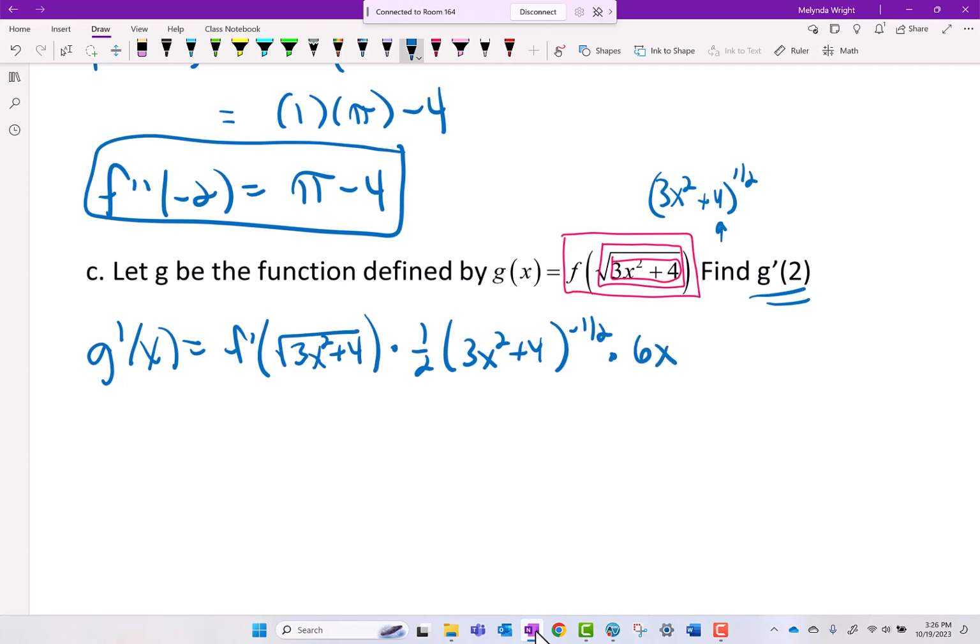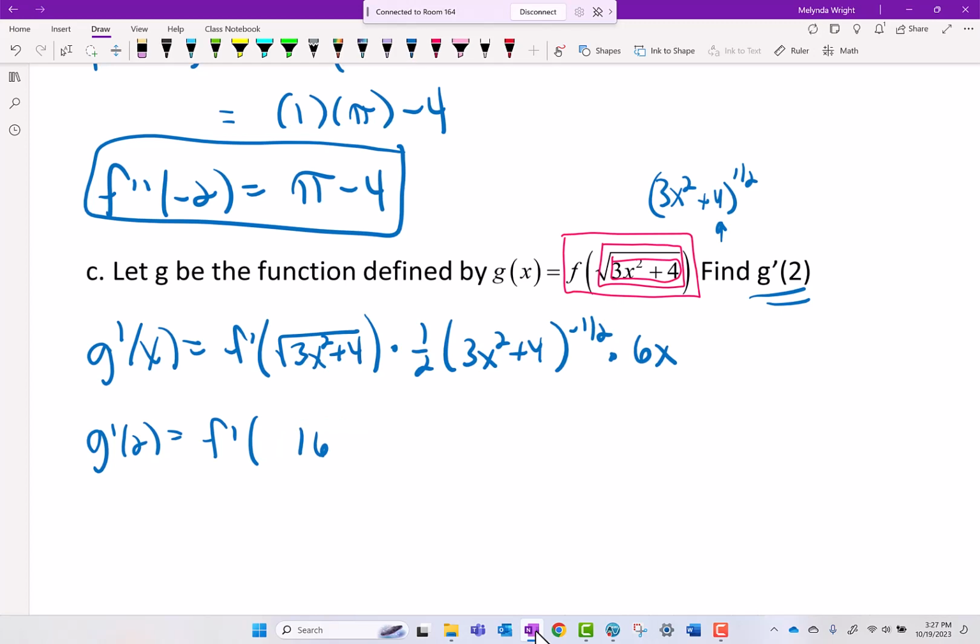And they just want the value at 2. So let's just throw the number in there and figure it out. So f prime of the square root of, let's see, 2 squared is 4. 4 times 3 is 12. 12 plus 4 is 16?